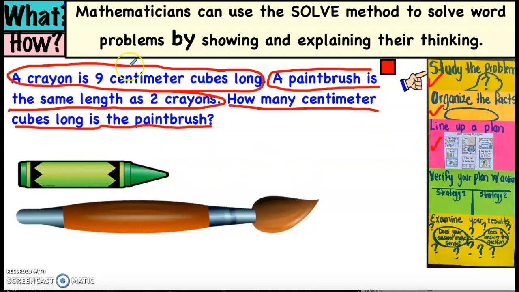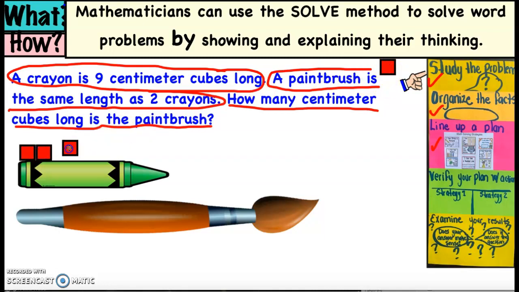So I already know that one crayon is how many centimeters long? It is 9 centimeters long, right? So this is 1, 2, using my manipulatives.